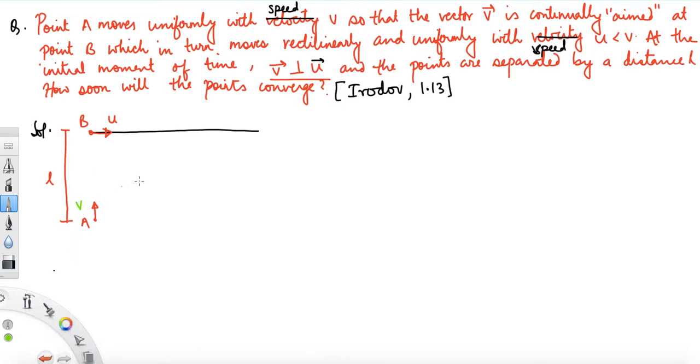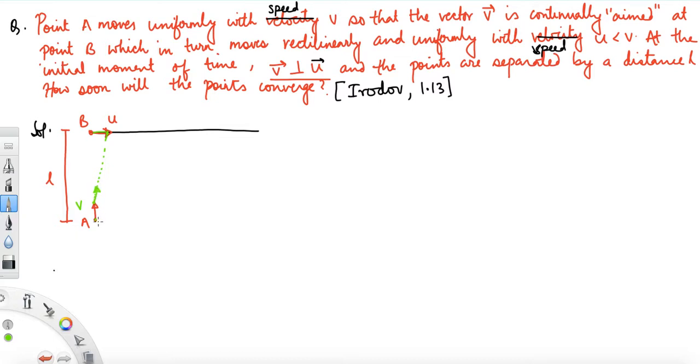here velocity is v, and let's consider how the trajectory of A is going to look. In time interval dt, A will cover this much distance and B will cover this much distance, somewhat less than A. So again, B is here, A is here, A is aiming at B, so again it's going to change its direction.